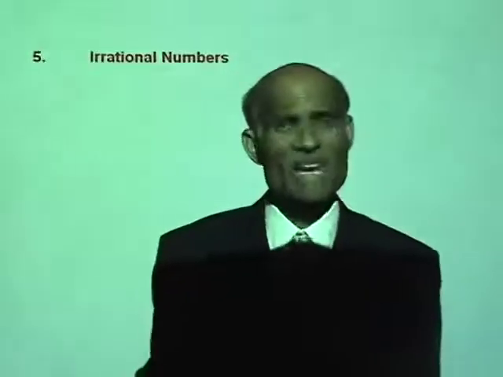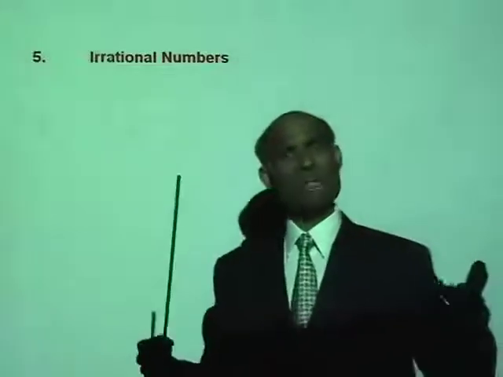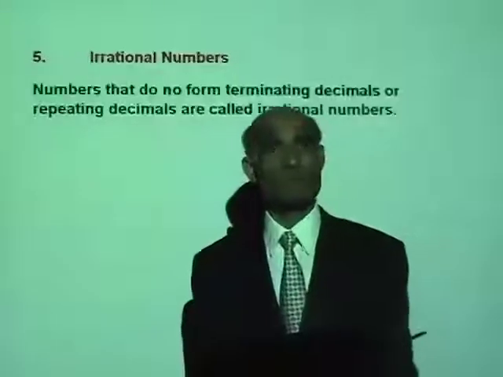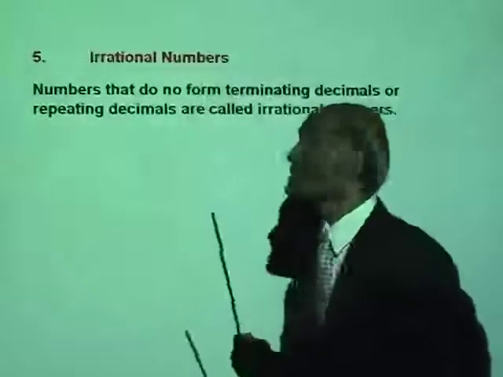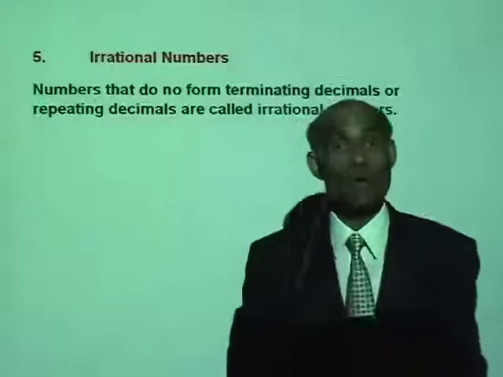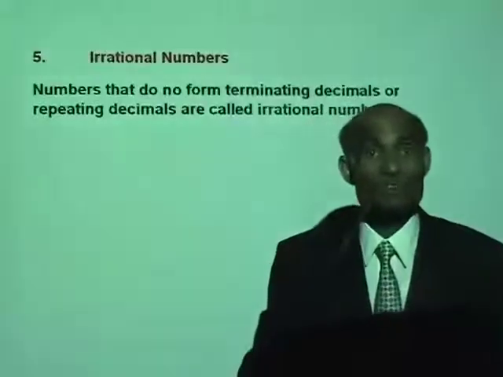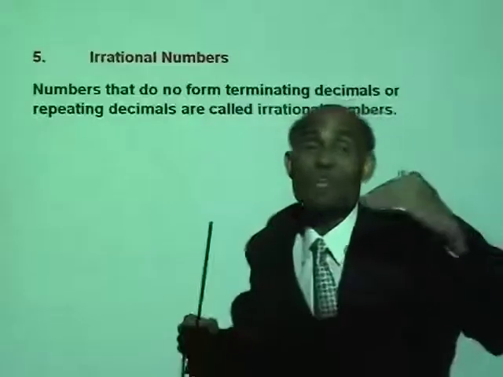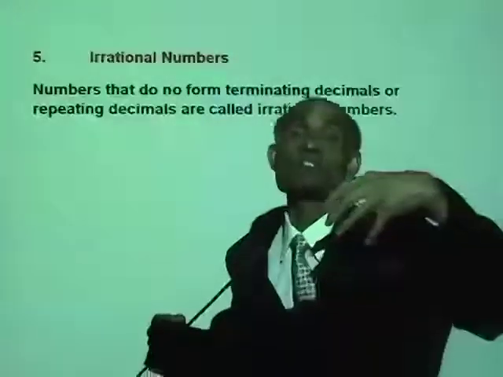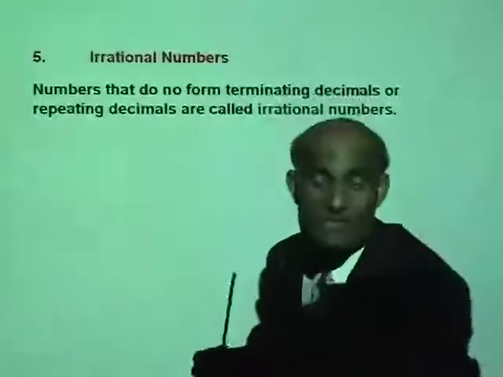Well, can numbers have that characteristic? Can a number be unpredictable? Well, numbers that do not form terminating decimals or repeating decimals are irrational numbers. There are some numbers whose behavior there is no way to predict.